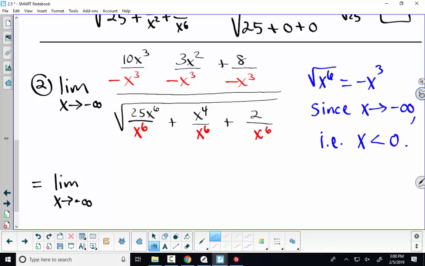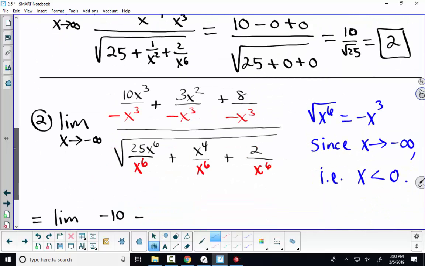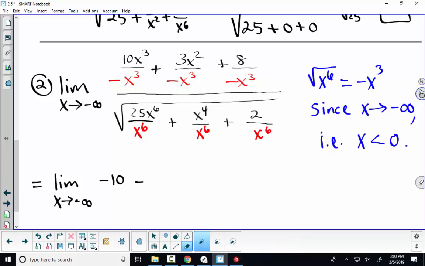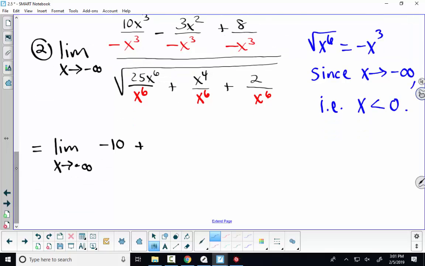So this is now not 10, but this turns into negative 10. This is still, was that plus or minus? That was minus. And honestly, the lesser terms aren't going to matter because we saw they all went to 0, but we'll go ahead and write this out. This is now positive 3 over x. This is minus 8 over x cubed.